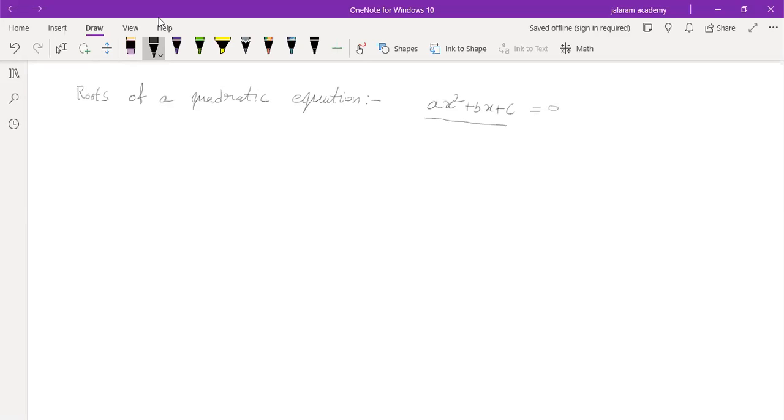If we solve a quadratic equation, we get two values of x. Whenever we solve a quadratic equation, we get two values of x which satisfy the given equation. Okay?